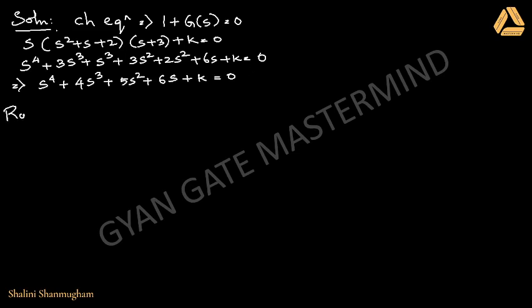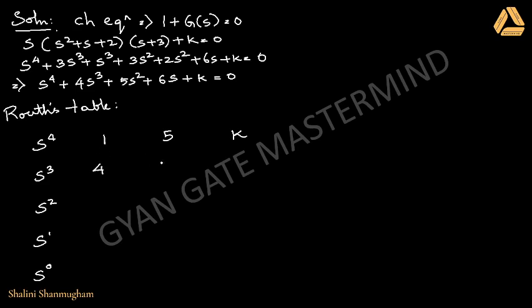So applying the Routh table: s power 4, s power 3, s power 2, s power 1, s power 0. So the coefficients: s power 4 is 1, s square 5, then constant k. And the second row 4, 6, 0.